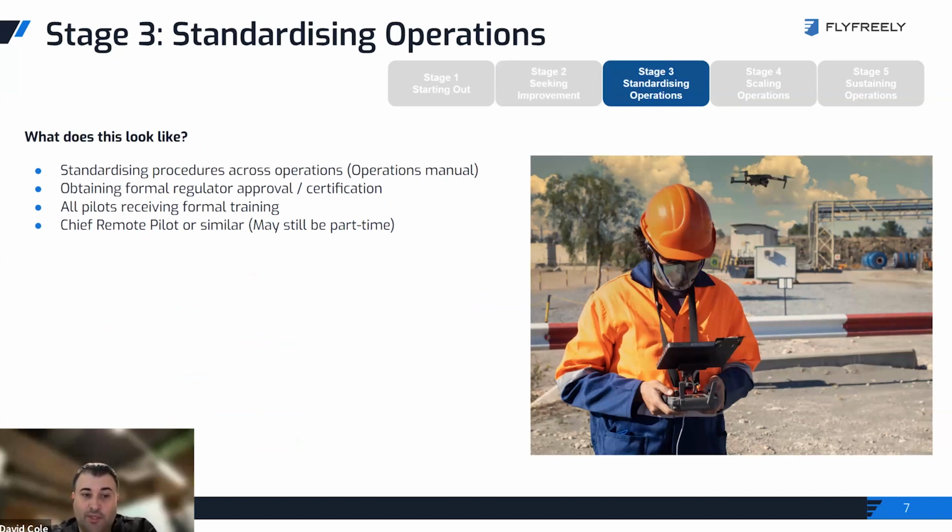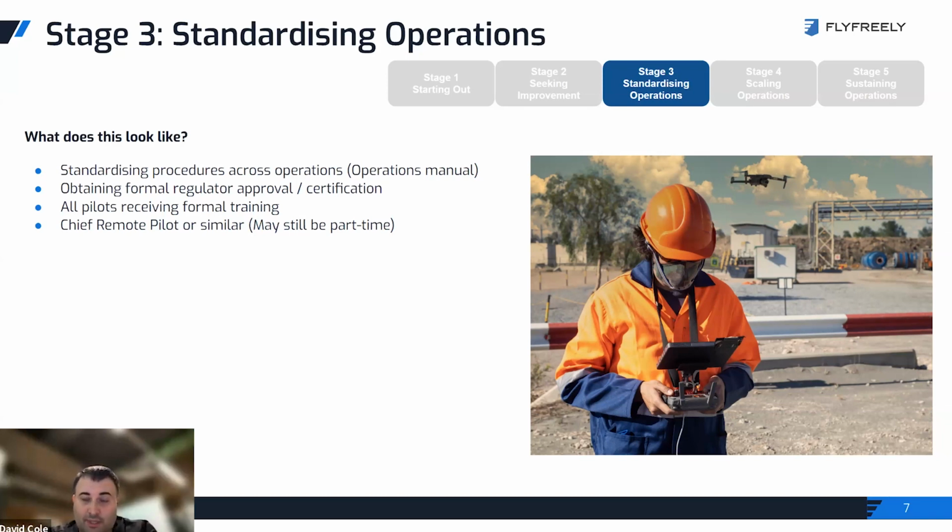What you'll typically want to start doing is standardizing operations. You've now got different people operating, so typically this is where an operations manual will come in. You may start to want to go through some regulator approval processes, get things more formal and firmed up, so it's actually a proper functioning system.